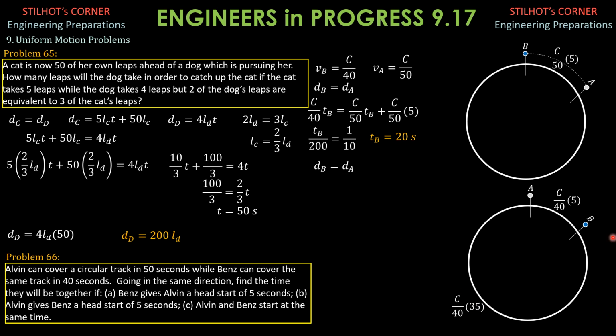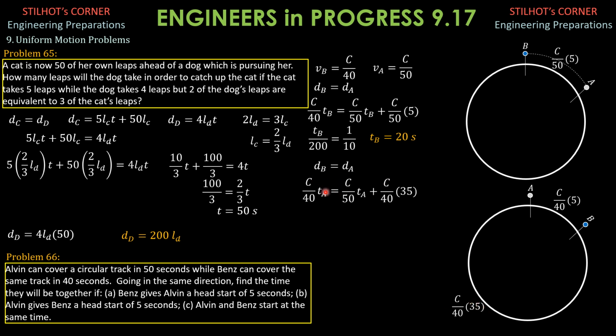The distance of Benz is C over 40 times the time of Alvin, while the distance of Alvin is, as I already explained, that Alvin is supposedly ahead here. So C over 50 times the time of Alvin plus this distance here, C over 40 times 35.